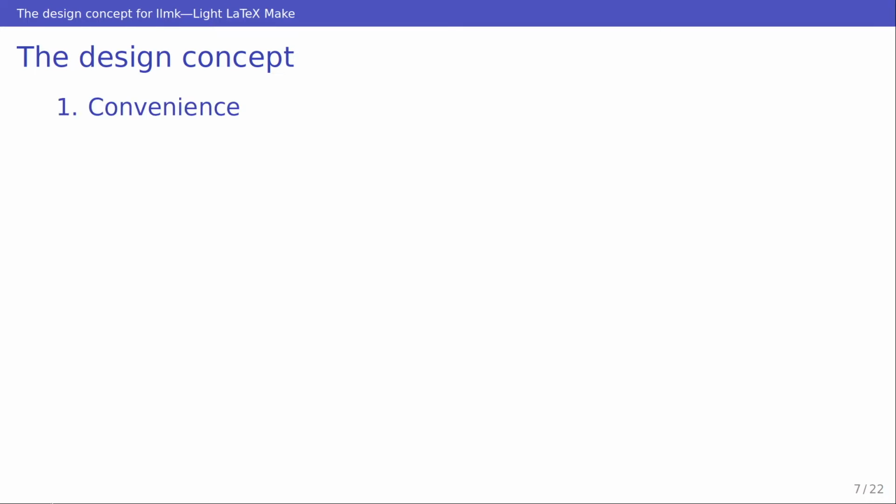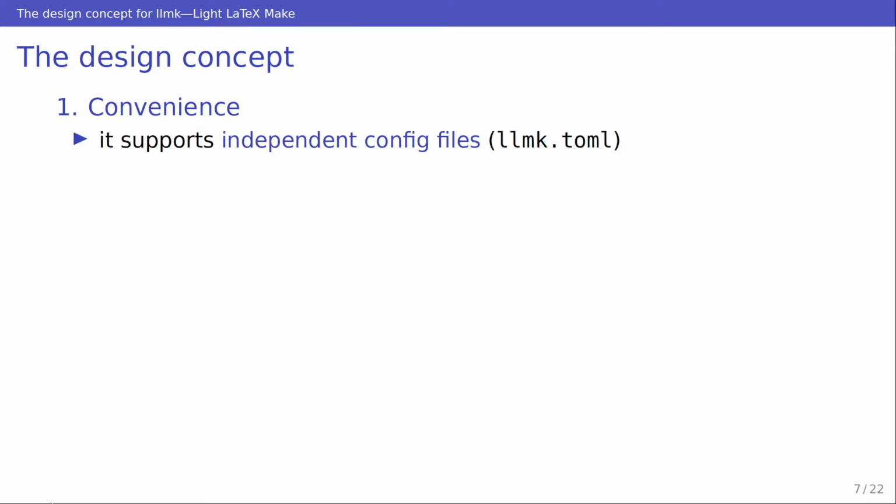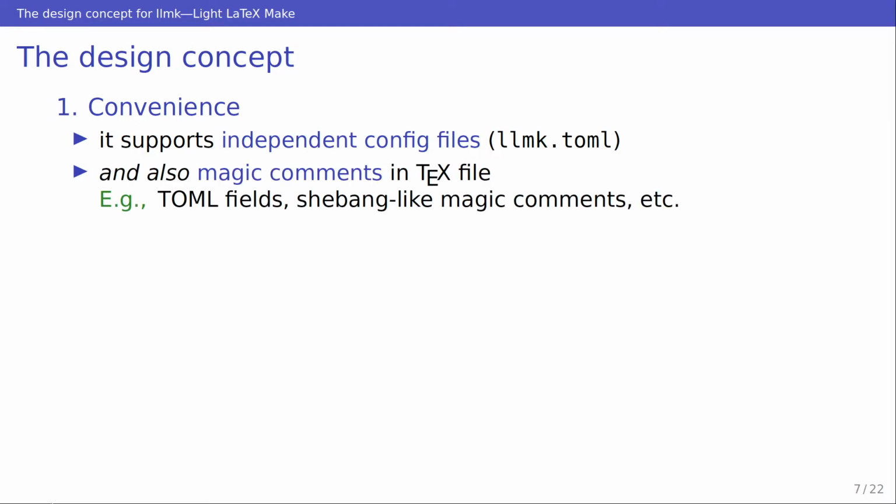So the first perspective of the design concept is convenience. That is, that makes llmk simple and easy to use. So it supports an independent configuration file named llmk.toml. This name is fixed. And at the same time, it supports magic comments in TeX files. That includes TOML fields, which is the original format for llmk, and shebang-like magic comments, and so on.